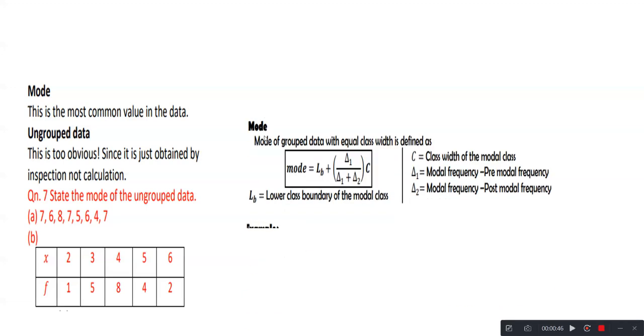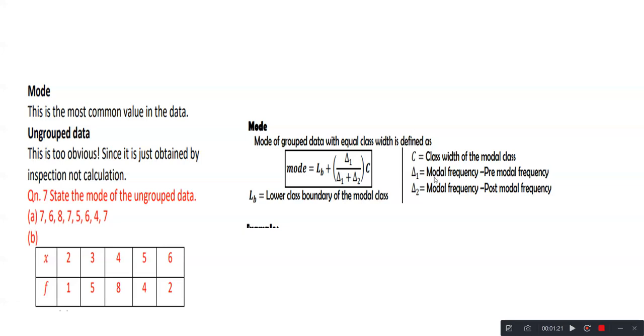So what if you have grouped data? This is how you calculate the mode. The formula is LB, which is the lower class boundary of the modal class, plus, you can use sigma, others use D, D1 divided by D1 plus D2, everything multiplied by C. LB is the lower class boundary of the modal class.